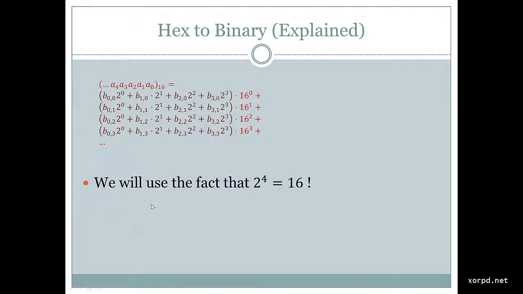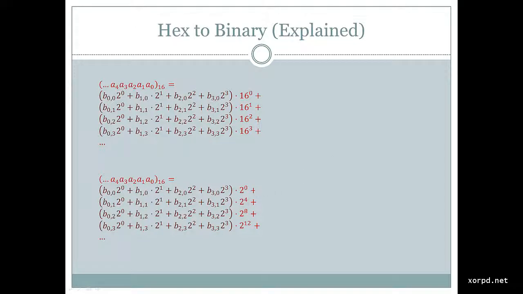Now we can use again the fact that 2 to the 4 is 16, which is going to be useful here because we have all those 16 and we want to replace them with something related to base 2. We are going to get this new equation. Everything we did is just replace every 16 with 2 to the 4. So we get here on the first power 0, and then 4, and then 8, and then 12.